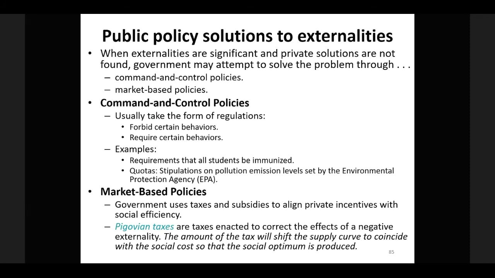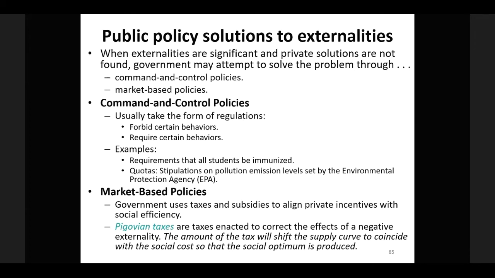Government can come in to carry out command and control policies to address externality, or market-based policies. Command and control, for instance, means government can come in through regulations to forbid certain behaviors or to require certain behaviors.